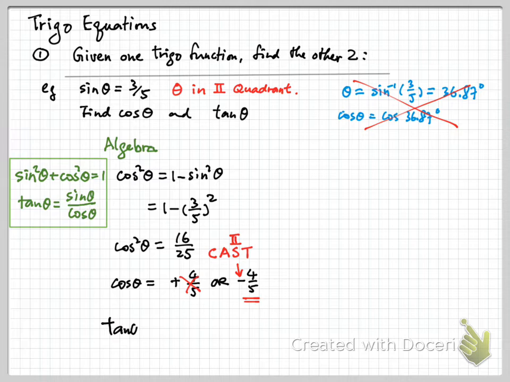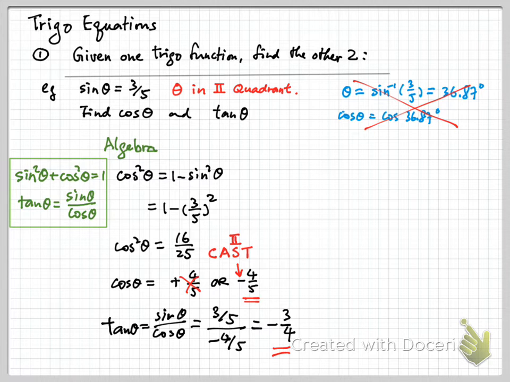Finally, for tangent is sine over cosine. Tangent theta is sine over cosine, and that is 3/5 divided by negative 4/5. So it's minus 3/4. This is tangent theta. Alright. So in other words, in the algebraic method, we make use of the formulas, the theorems in the green box, and then we can convert between sine, cosine, and tangent.